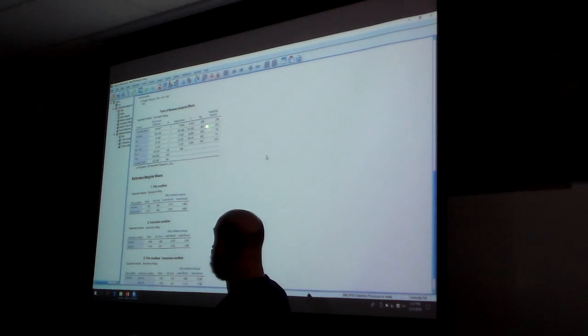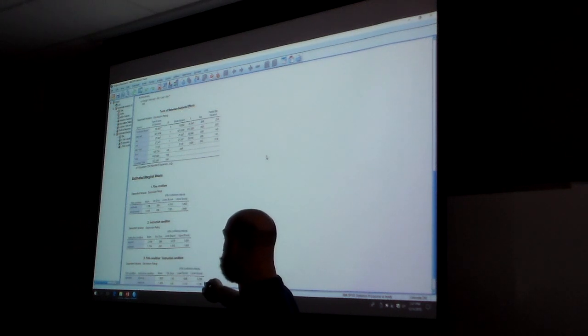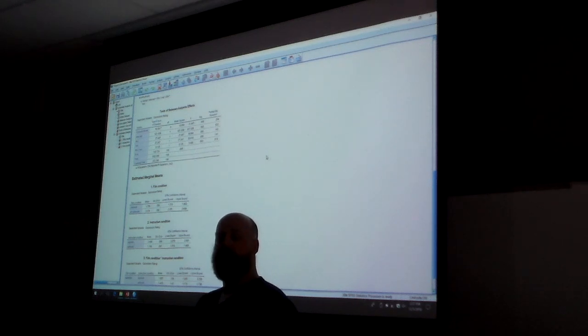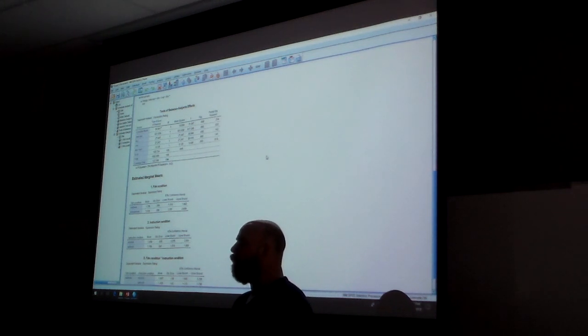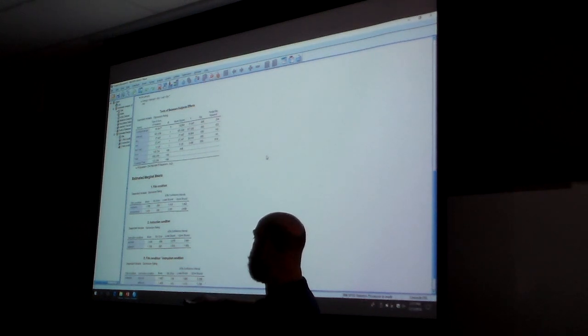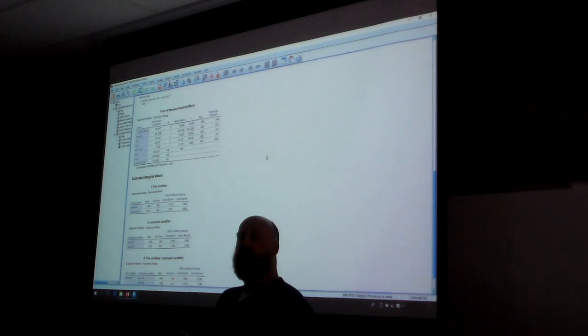This main effect of film is saying that people in the amusement film are demonstrating greater levels of expressive behavior than people watching the sadness film, irrespective of whether or not we tell them to inhibit or express their emotion, right? Regardless of whatever instruction they get, this main effect is saying that people who are watching the funny film are demonstrating more expression than people who are watching the sadness film, okay?